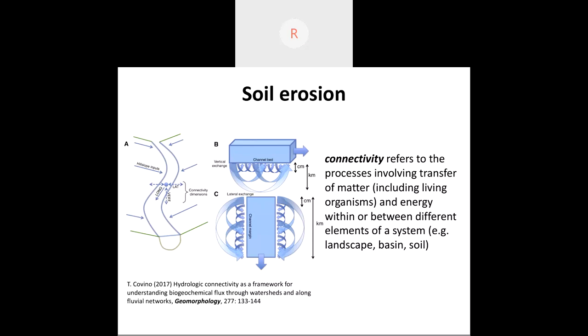Up to now, there is not a real good way to monitor soil erosion, or better, we can monitor, but we need to collect a lot of information. For example, we need to monitor pH changes in soils. We need to monitor texture changes in soils, and so on.